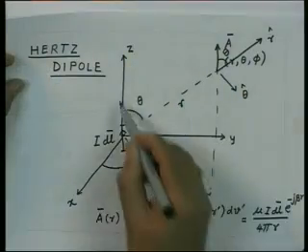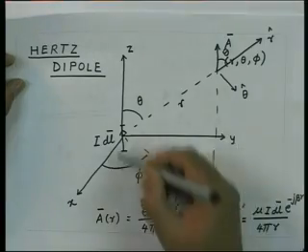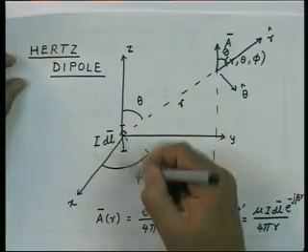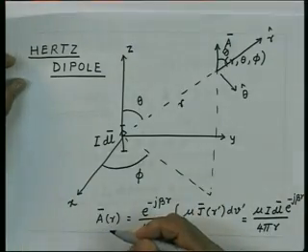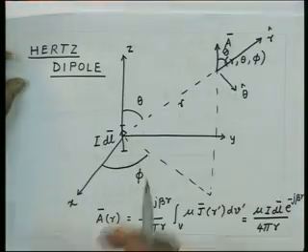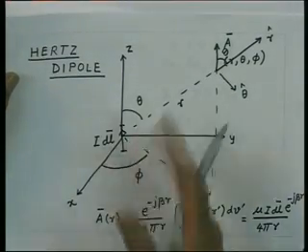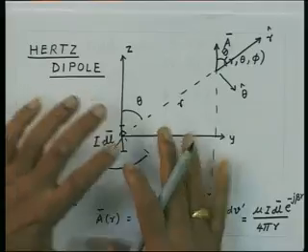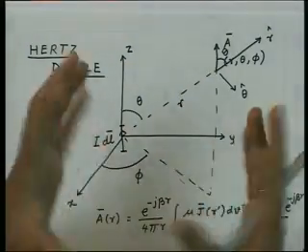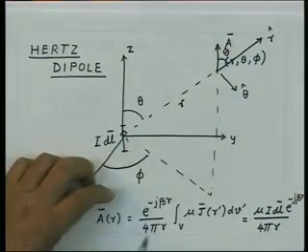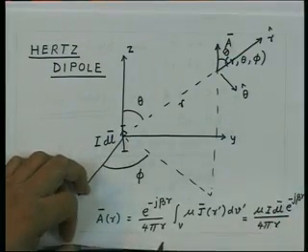So, both the fields are maximum in the direction perpendicular to the dipole, when theta equals 90 degrees, and along the length of this Hertz dipole, that means along the axis of the dipole, these two fields are identically 0. One observation: the fields are not uniformly created in space, they have a directional dependence. You have a maximum field when we go perpendicular to the Hertz dipole, and along the Hertz dipole these far fields are identically 0.